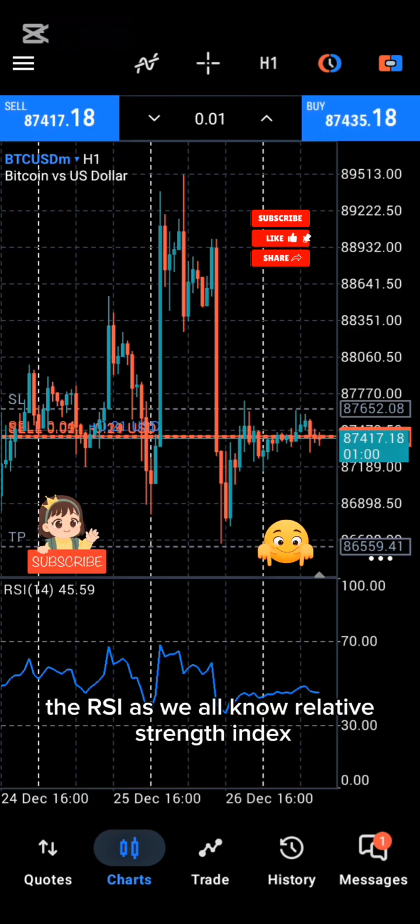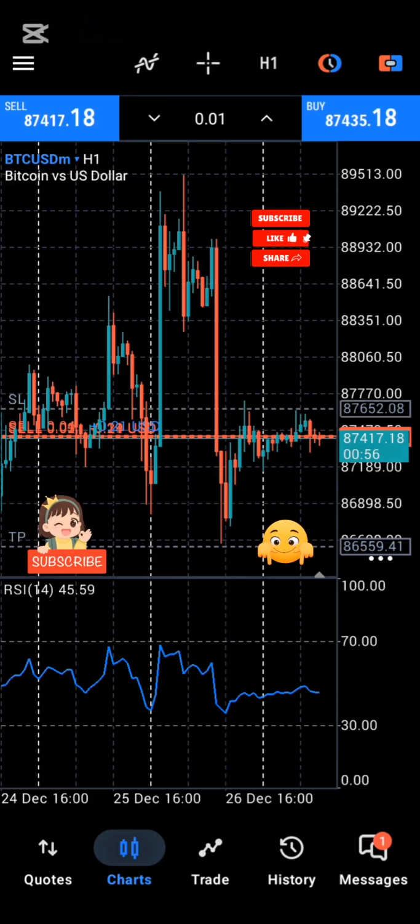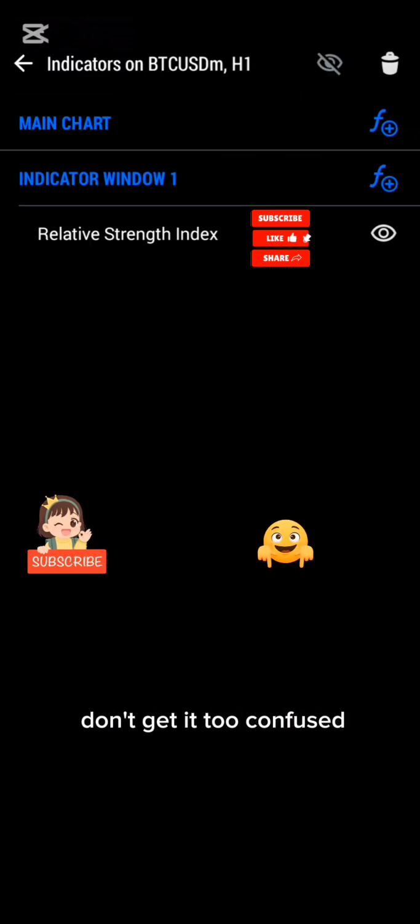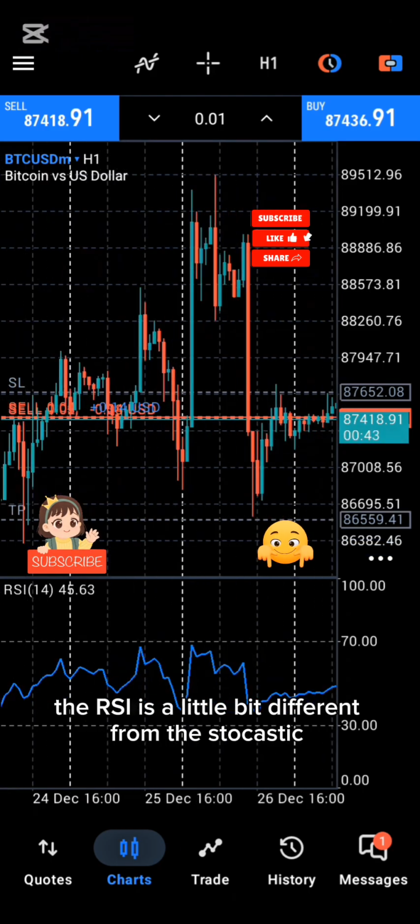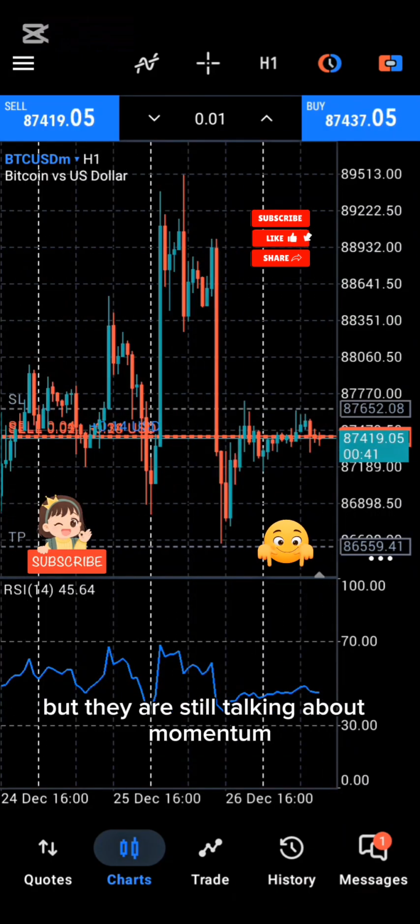The RSI, as we all know, is the relative strength index. Don't get it too confused. It's written here, as you can see, relative strength index. Now let's come back to the chart. The RSI is a little bit different from the stochastic, but they are still talking about momentum.